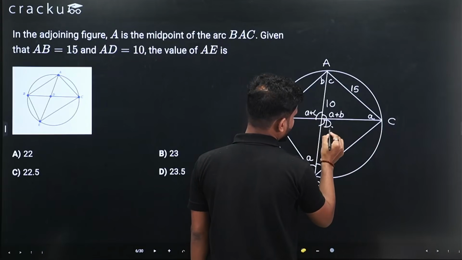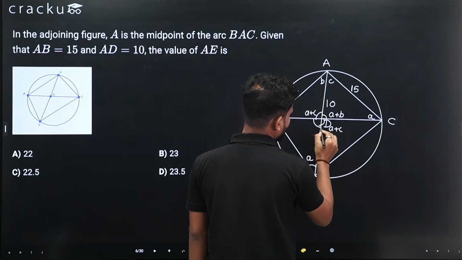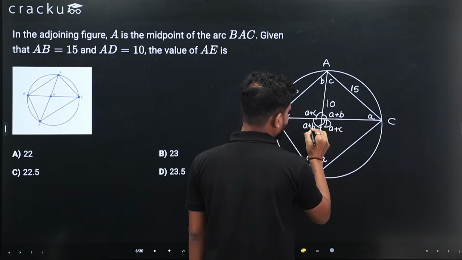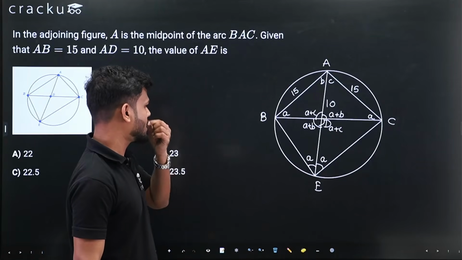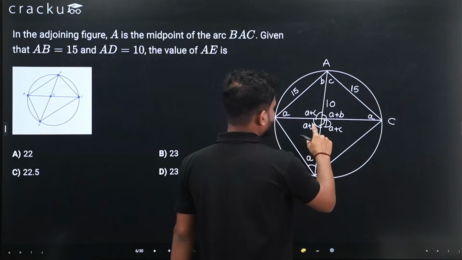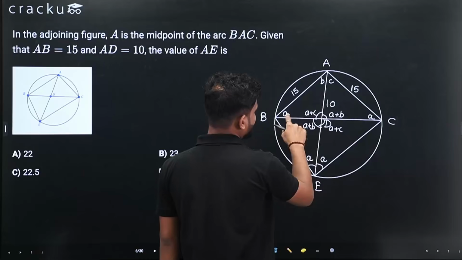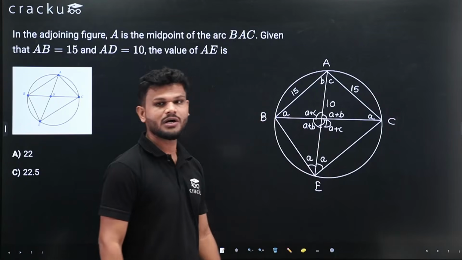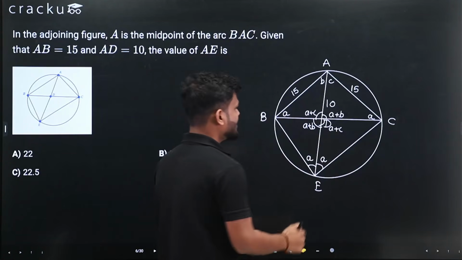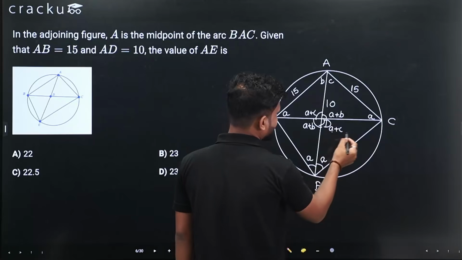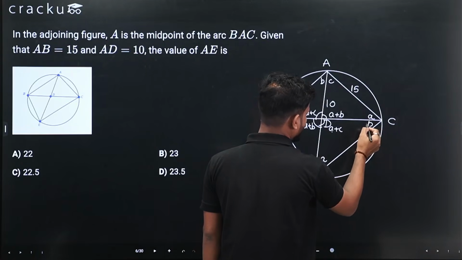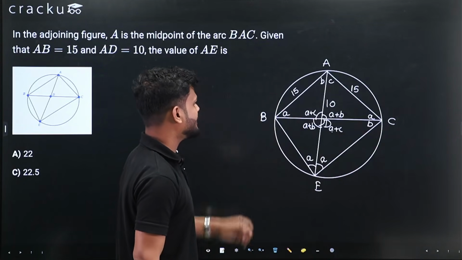So the opposite angle will also be A plus C, and this will be A plus B. Now we know A plus C plus A plus B is nothing but 180 degrees. So similarly, with A plus C, the remaining should be B, right?